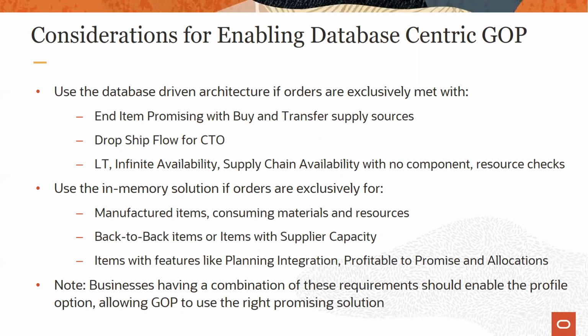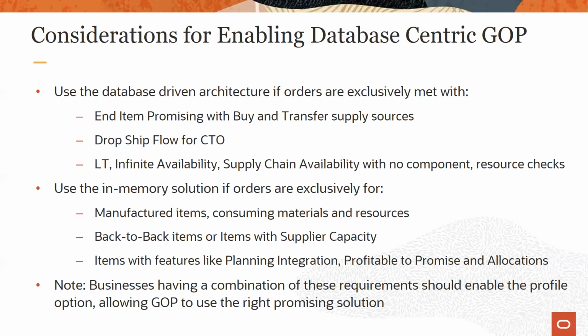The memory resident solution can be used exclusively in cases where manufactured items need to be promised by consuming materials and resources, or back-to-back flows need to be promised, or there are items which have supplier capacity or have other features like plan integration, ATP time fence that are profitable to promise. So all these need to be exclusively promised using the memory resident solution.